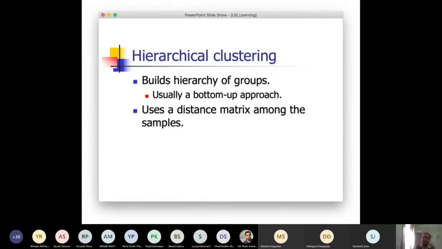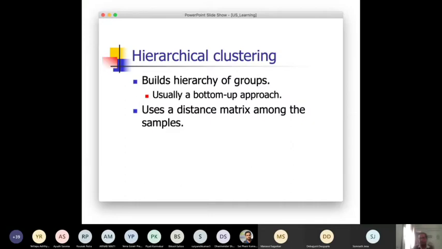And what is interesting here is that, instead of directly using the feature vectors, we can use distance matrices. That is one great advantage because you can reduce the dimension. Your feature vector could be very high dimensional, but when you compute a distance between them, it is a scalar value for a pair of feature vectors.